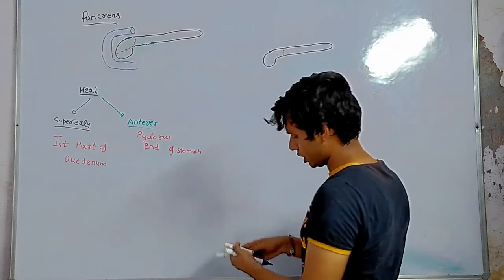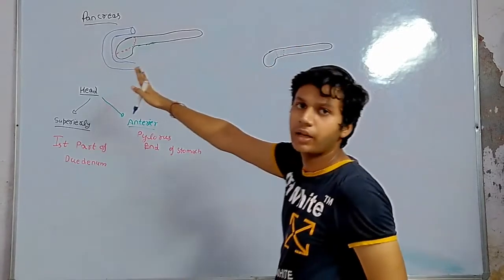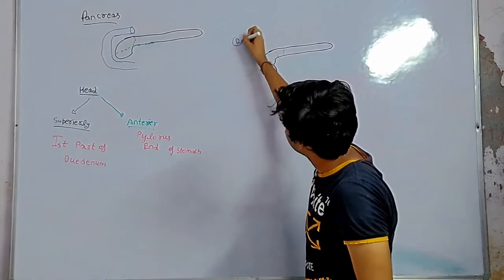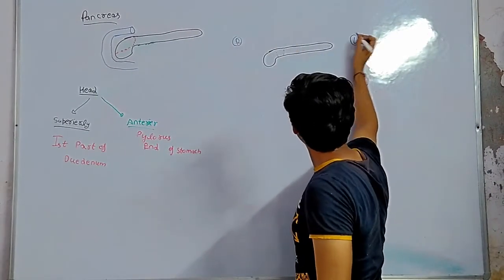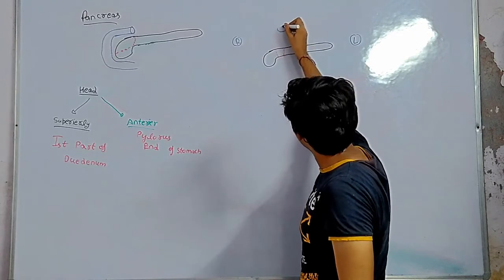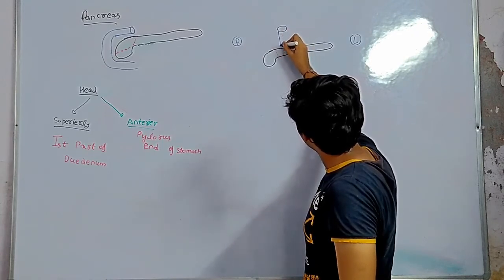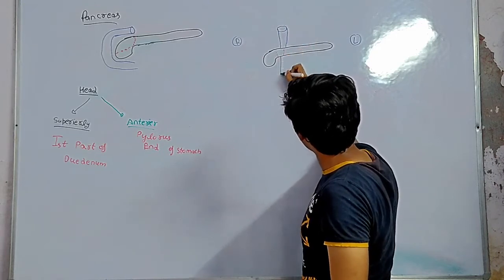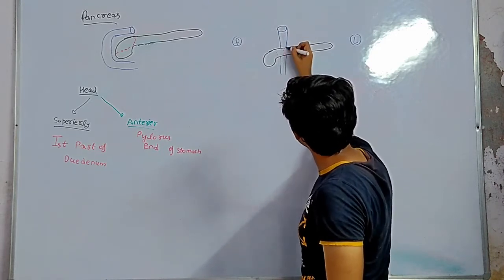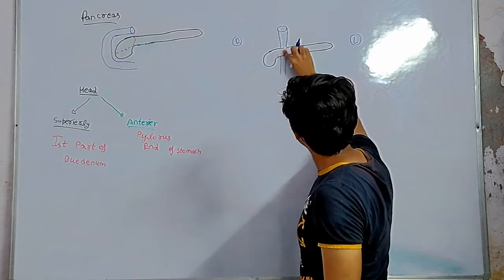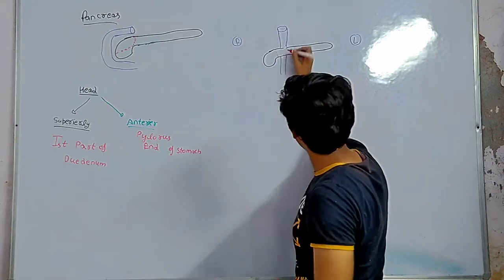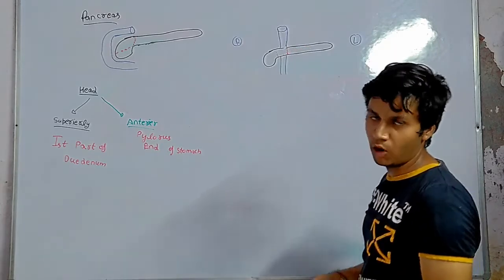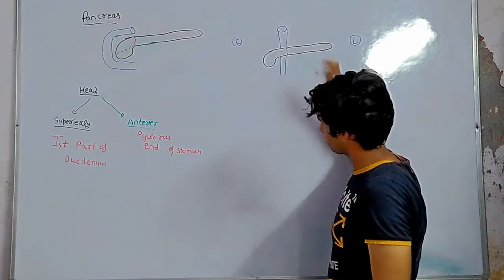This is the right side and this is the left side. Posterior to the pancreas, we have the inferior vena cava. Posterior to the neck, we also have many relations.